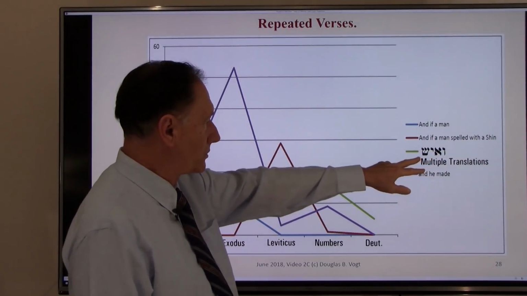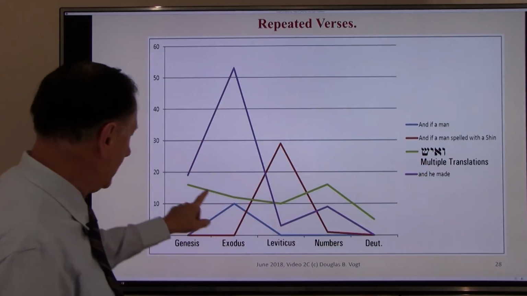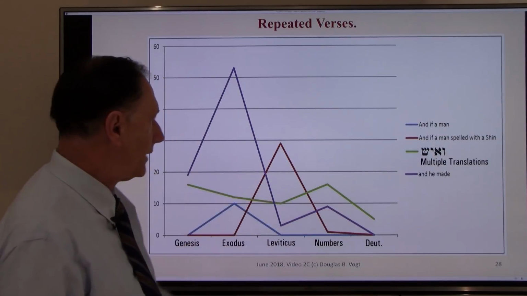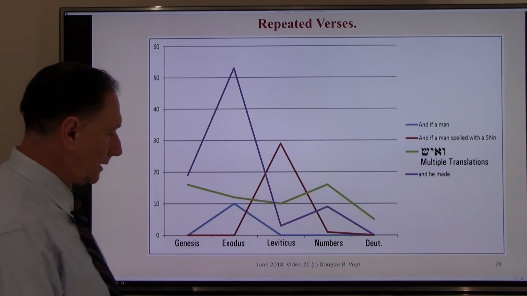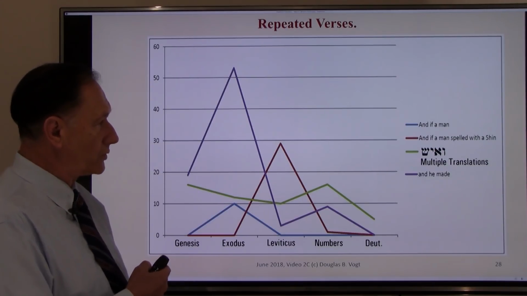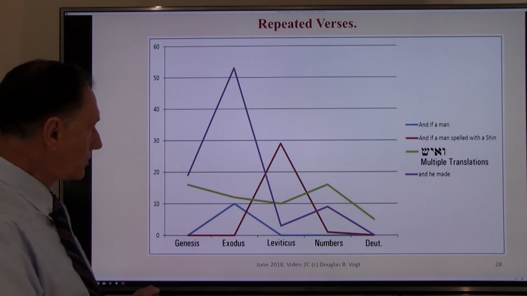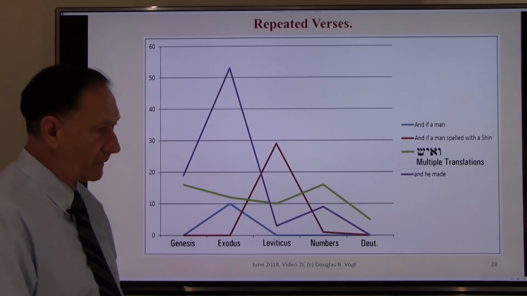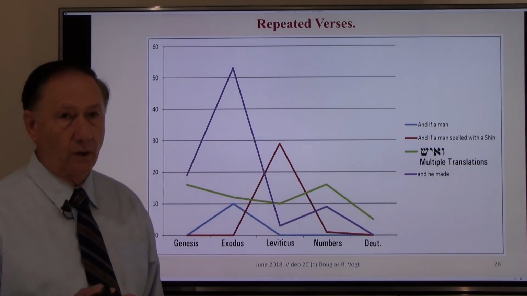Here's the indescript multiple translations. It shows up in all the books, but not all that much. Now, there are multiple paragraphs or verses that do repeat themselves. What is interesting about many of these is they were the very beginning word in a verse.